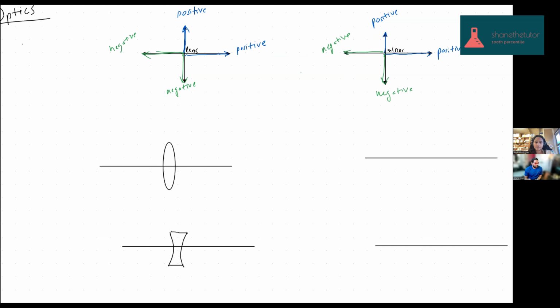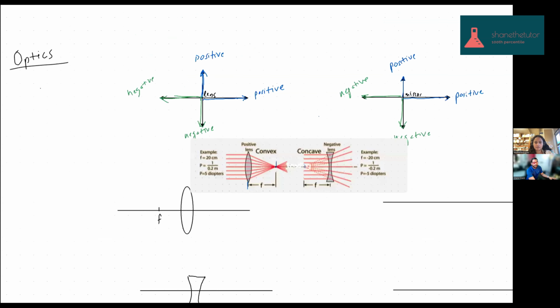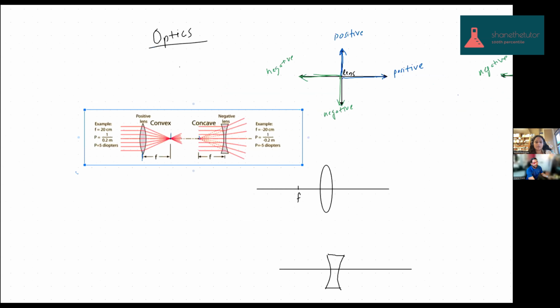Typically when you have these, you'll have a focal point, and what a focal point kind of is, I can get a picture. I'll put this here so you can see that.